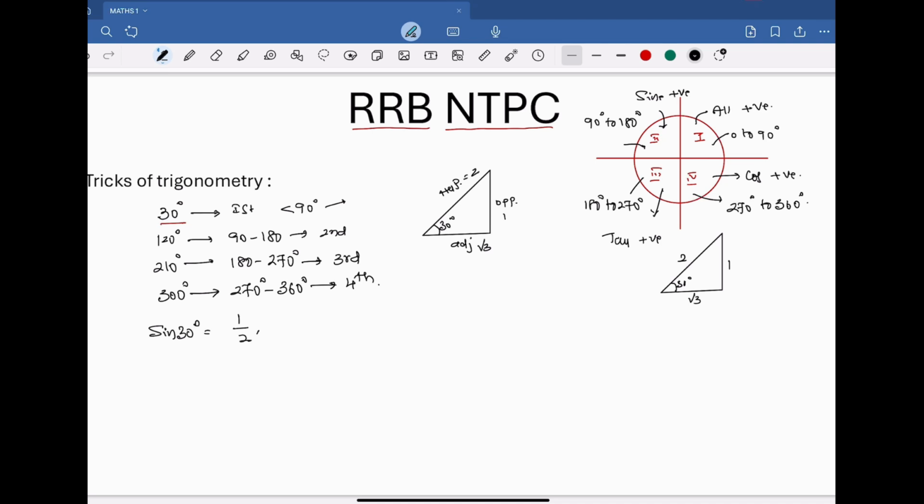Sin 30 is opposite side by hypotenuse, that is 1 by 2. Cos 30 is equal to adjacent side by hypotenuse, that is root 3 by 2. Tan 30 is equal to opposite side by adjacent side, that is 1 by root 3.